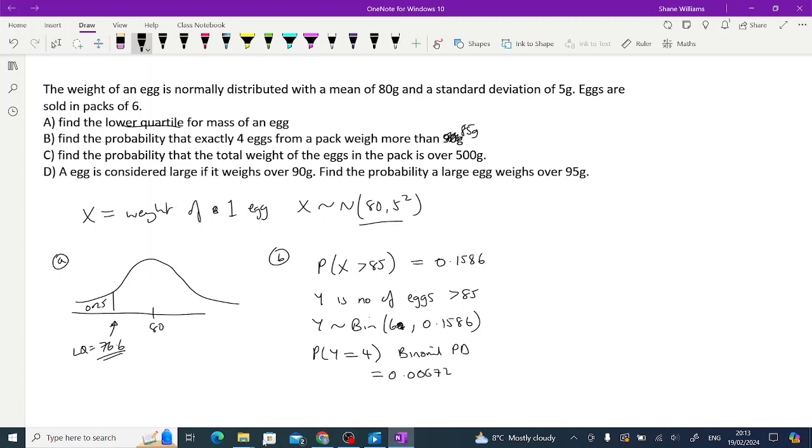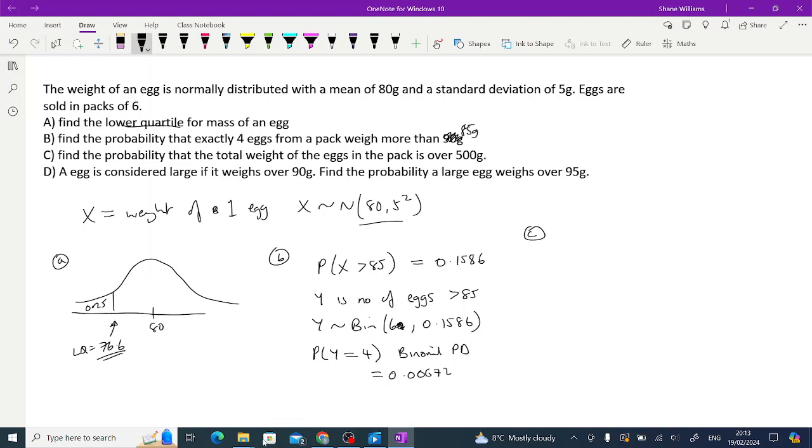This is very typical. Okay, question C. The total weight of the eggs in the pack is over 500 grams. So egg 1 plus egg 2, etc. to egg 6 add up to 500. Now you've not been taught about adding up random variables, but you do know about the average of a normal distribution.